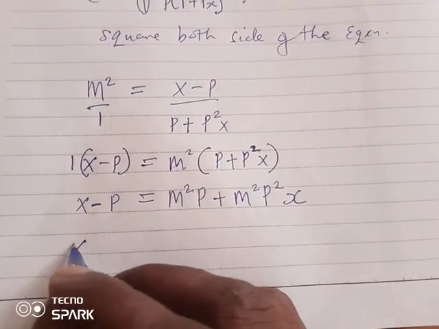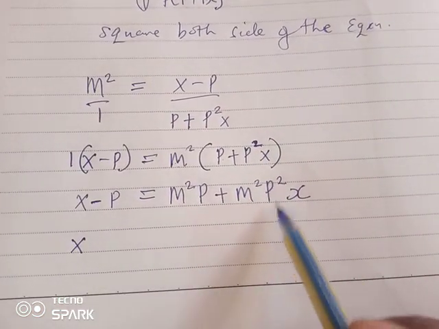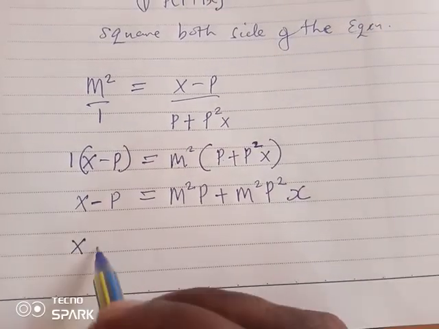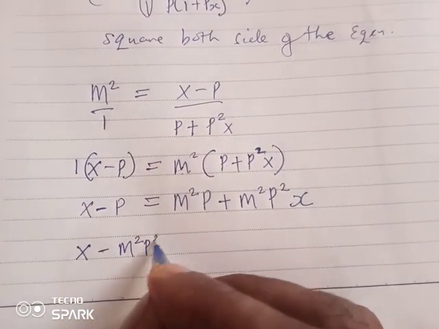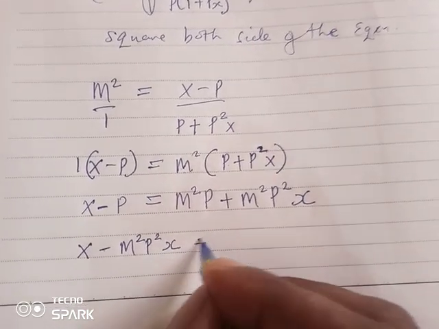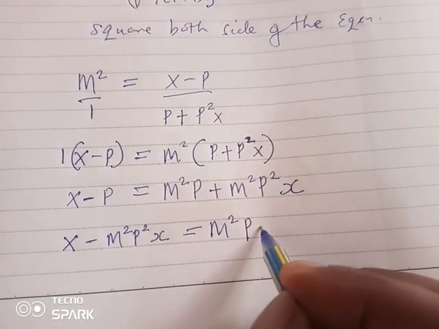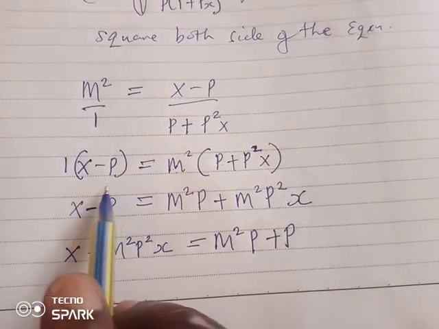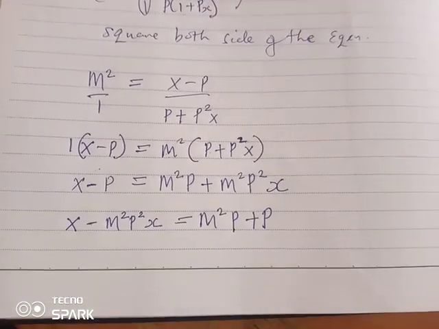So I shall remain with x. When m squared p squared x comes, it shall be a minus of m squared p squared x, which is now equivalent to m squared p plus p. I said when p goes the other side, of course, the sign shall change.